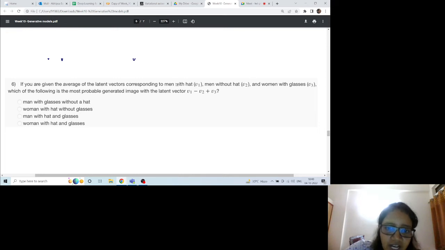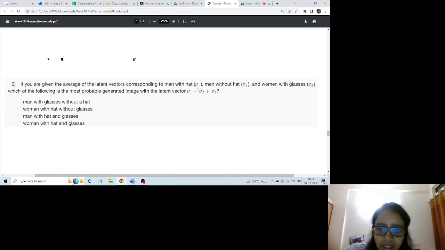So again, just to clarify what she said, her answer was absolutely right. So you have a vector representing men with hat, and you have another one representing men without hat. So when you subtract this from this, what remains is your hat. Your men gets subtracted, and so it's non-existent.